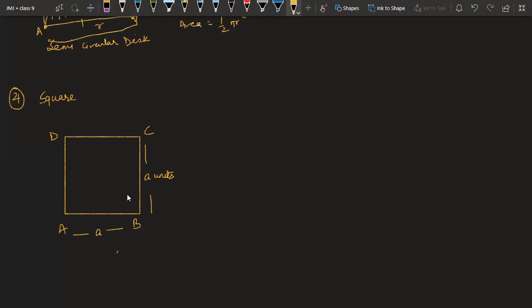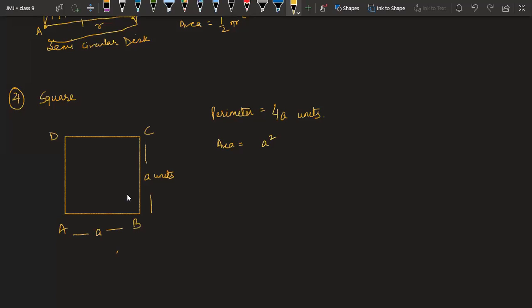Class, the perimeter will be given by the length of all the boundaries, which is 4A only. In this case, it is called perimeter. In the case of curved surfaces, it is called circumference. So perimeter is 4A units. Simple. Then comes the area. Area is given by A square. Yes, it is given by A square.